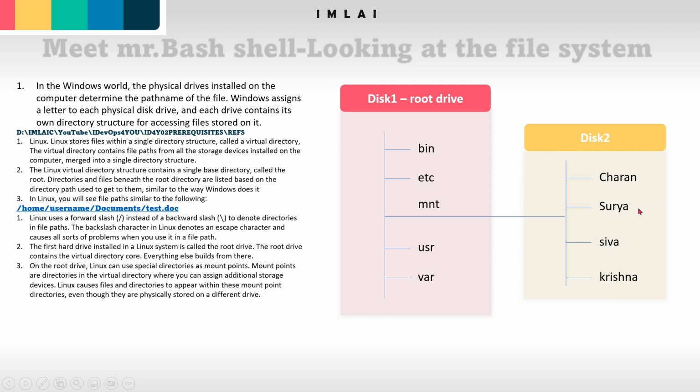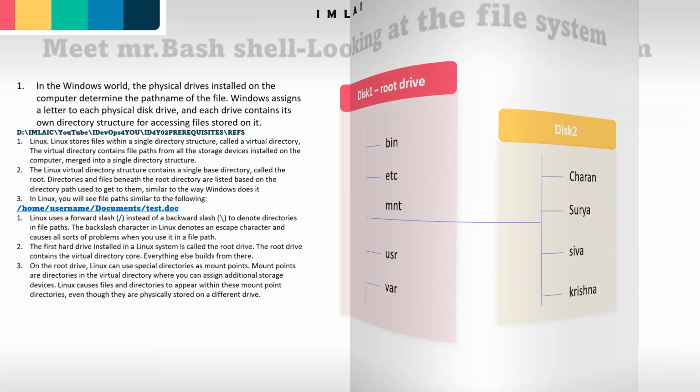It considers it as a virtual directory or virtual home where everything is placed. That's it. Okay, so then we will move on to each and every directory present inside our Linux system.